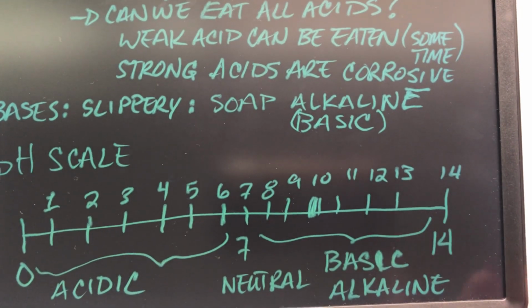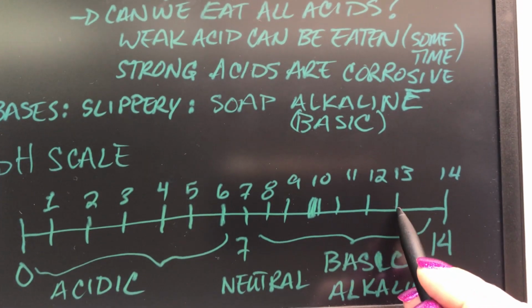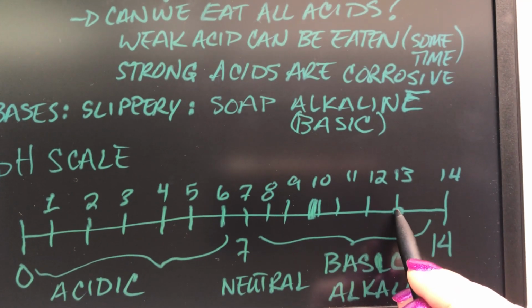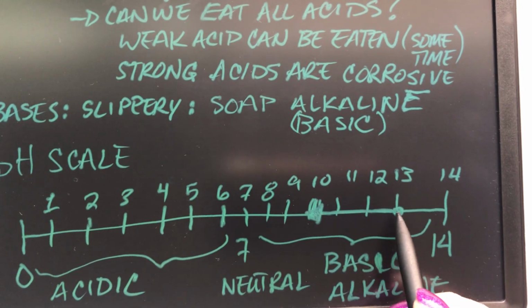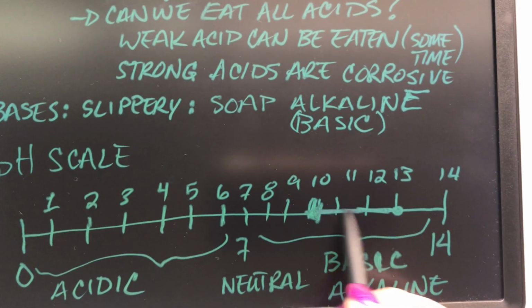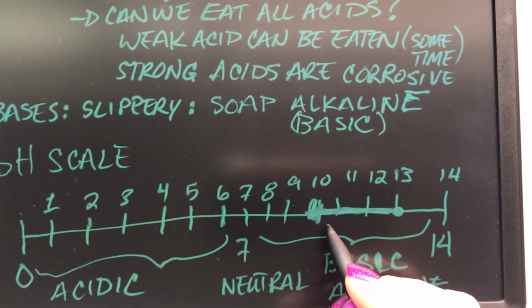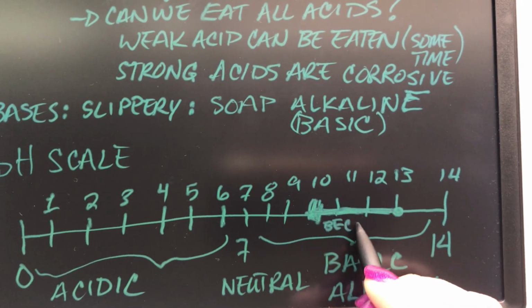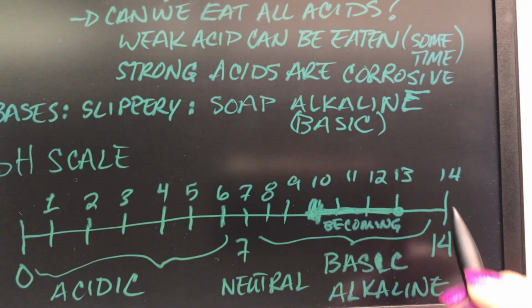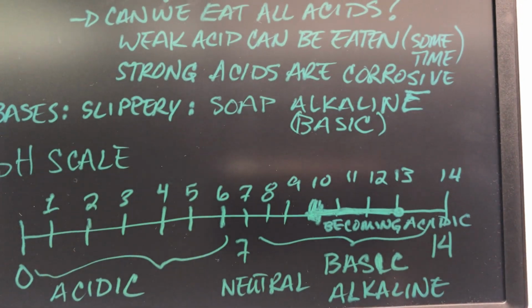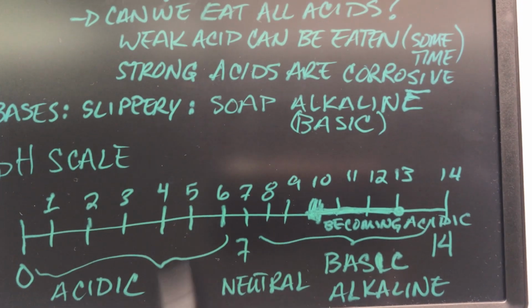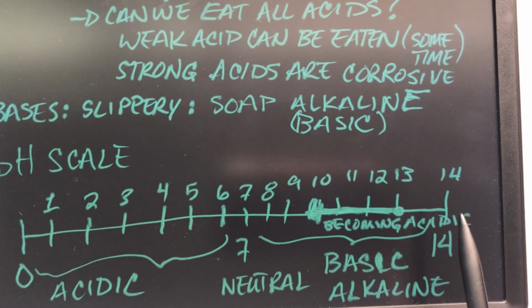So let's say we were going from a pH of 13 to a pH of 10. Now what's happening to us? We're becoming more acidic. So it's not necessarily always about whether you're on this side of 7 or on this side of 7. It's about relative change.